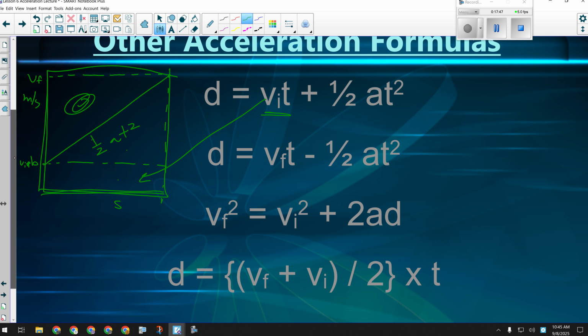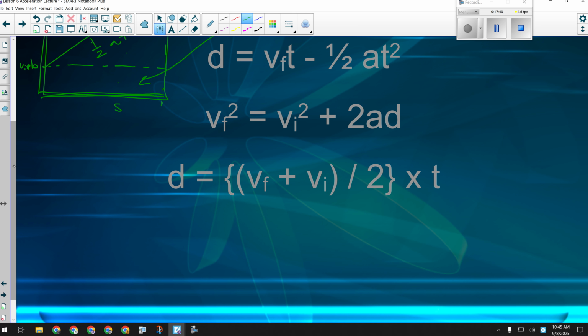Okay, and then our last one here, we don't use this one very often, because the acceleration has to be uniform for it to work, and obviously it doesn't even have acceleration in it, but it does involve change in velocity. That part is in the formula, right? There's the indication that the velocities are changing. But if I asked you, take the final velocity and add the initial velocity and then divide by 2, what is that kind of like calculating?